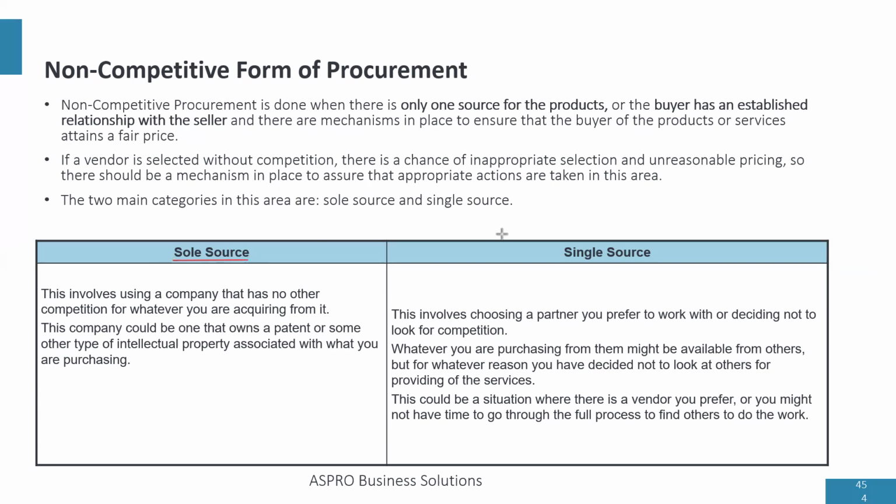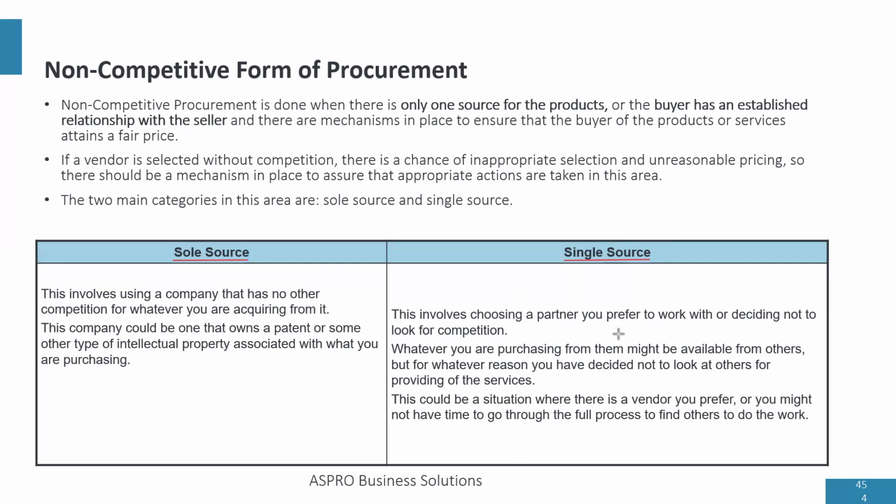But when it comes to single source, it's a bit different. Single source procurement happens when you don't have time to go through the lengthy negotiation process, so you just choose a vendor on the go.